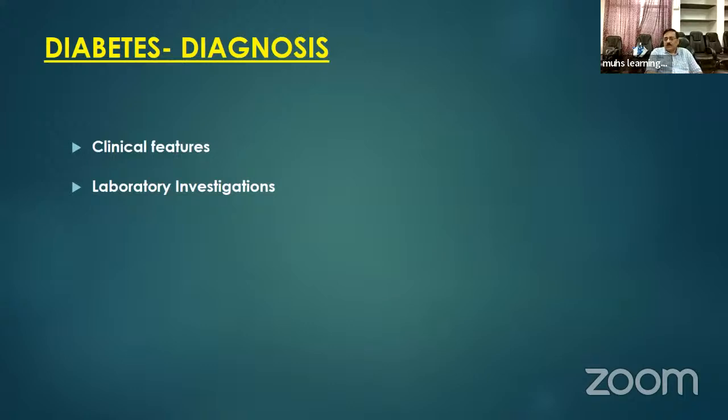So how to diagnose, the clinical feature and laboratory distinction? What are the clinical features? Clinical feature varies. Type 1, what you find? Thin-built people, ketosis prone people with polyphagia, polydipsia, polyuria, and then loss of weight.